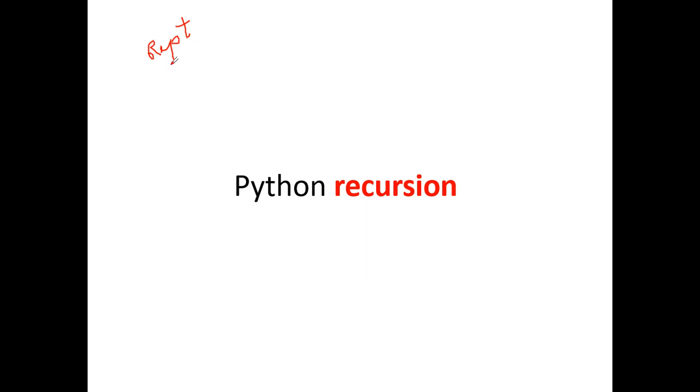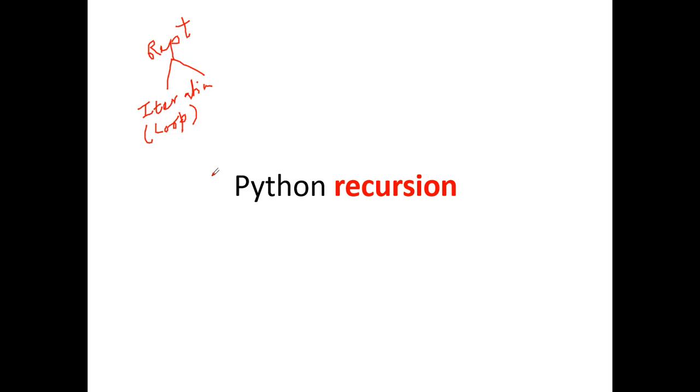Now this repetition can be done in programming in two ways. One is common to all, you know, that iteration. What is iteration? Iteration means looping, all those loops: while loop, for loop, do while loop.